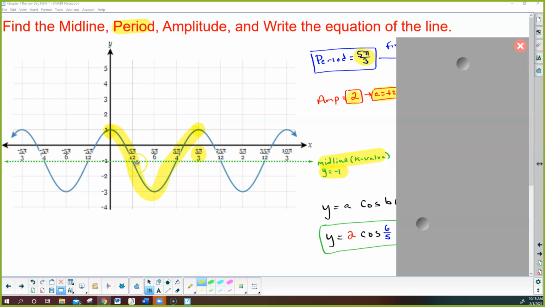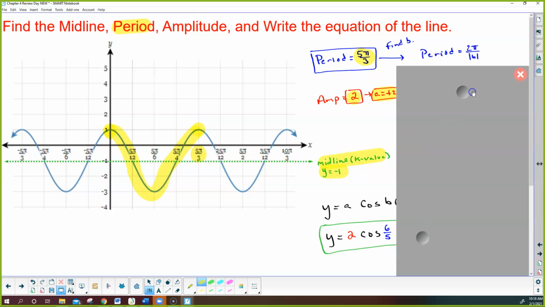There we go. And then the amplitude is 2 up from that or 2 down from that. That's how I get to a max or a min, as I go 2 units above the midline. So that's the a value. We'll talk about why it's positive in a second. And we found that midline to be right here at y equals -1.